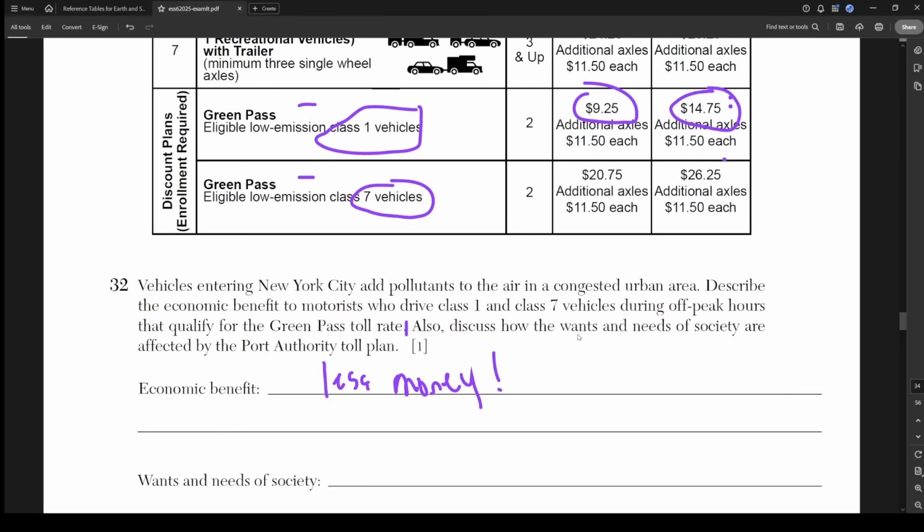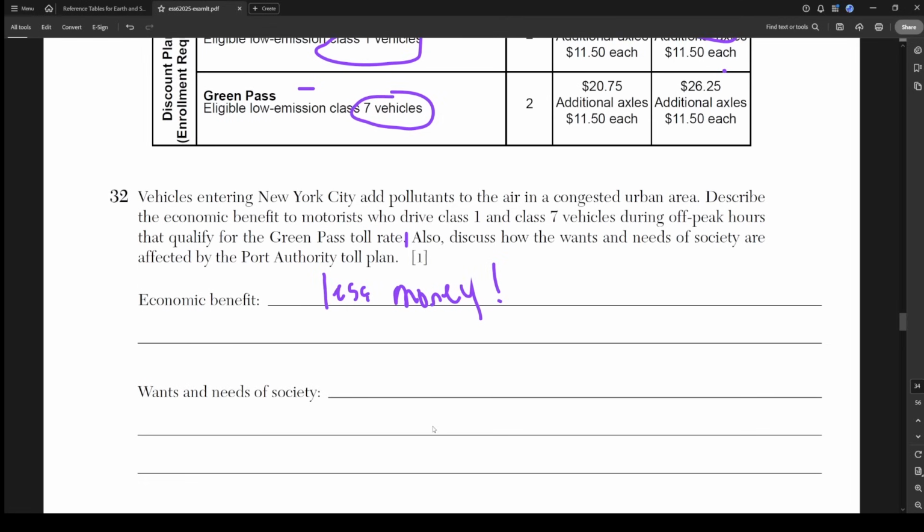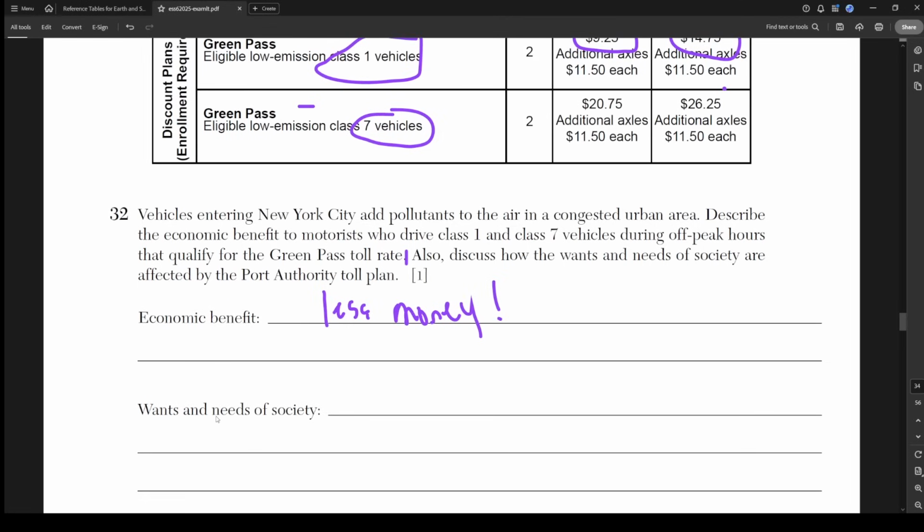Also discuss how the wants and needs of society are affected by the toll plan. So they're pretty much incentivizing you driving an electric vehicle. That's all. So wants and needs of society are affected by the Port Authority toll plan.